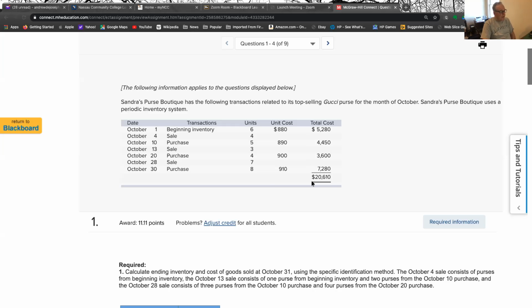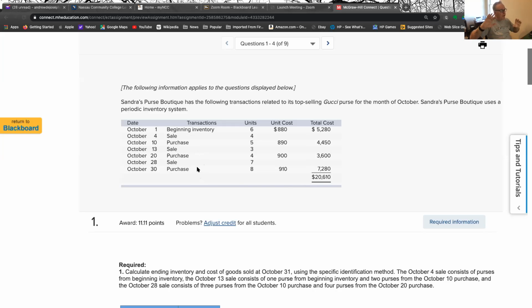Now notice, we start out with a beginning inventory, and then at various times we sell some of that inventory, and at various times we buy more of it. So you get an appreciation for what's going on there. These things don't happen all at once. They happen day by day.